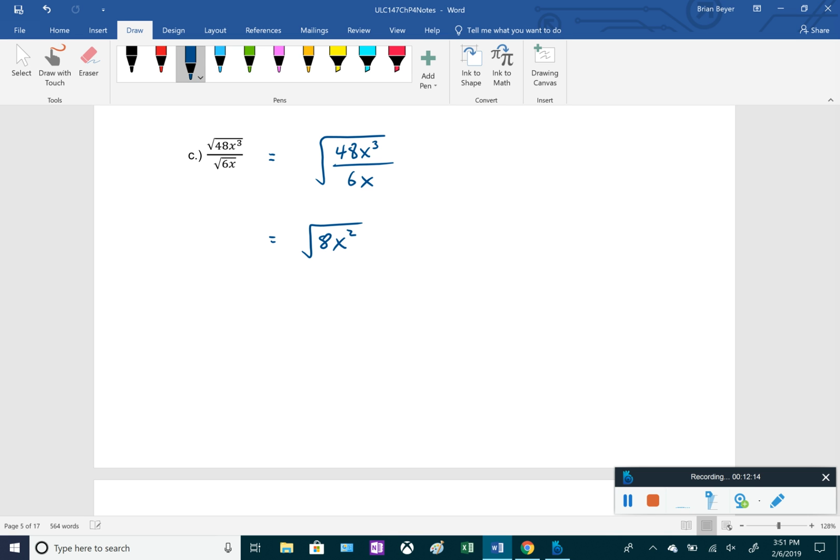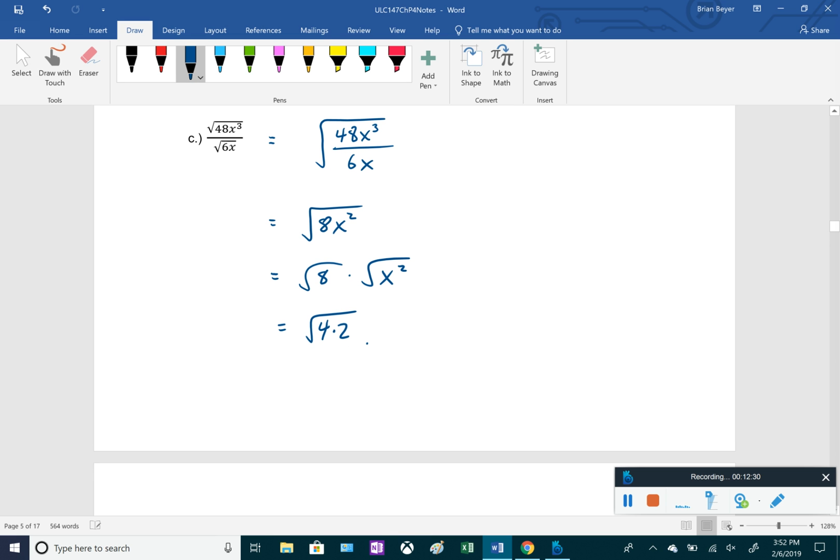So we have square root of 8x squared, and now I'm going to split this up and do square root of 8 times square root of x squared. Square root of 8 can be rewritten as square root of 4 times 2, because 4 is a perfect square. And then just like last time, the square root of x squared is going to be the absolute value of x.